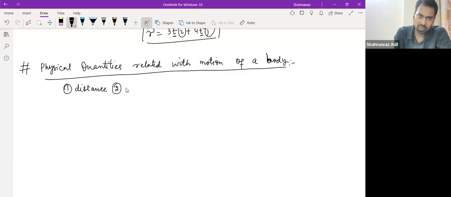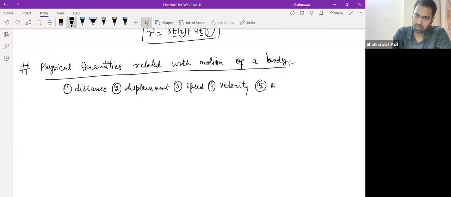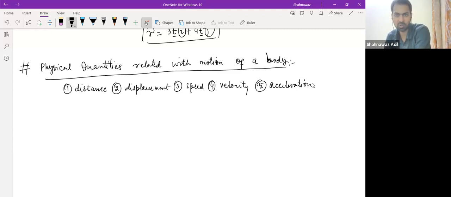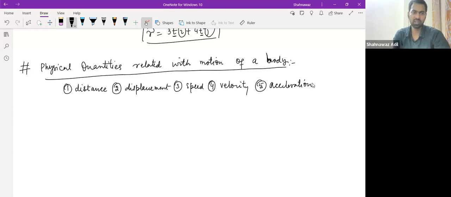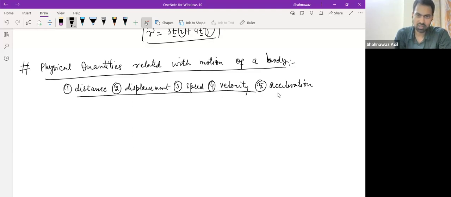And then you have displacement. Then you have speed, velocity, and acceleration. So these are the physical quantities which are associated with the motion of a body. Understood? Yes, sir. So in this chapter, we will learn about all these things one by one. So first, let us understand distance.